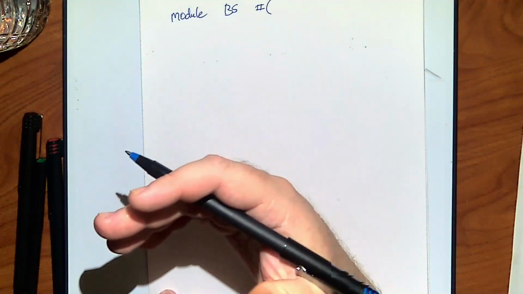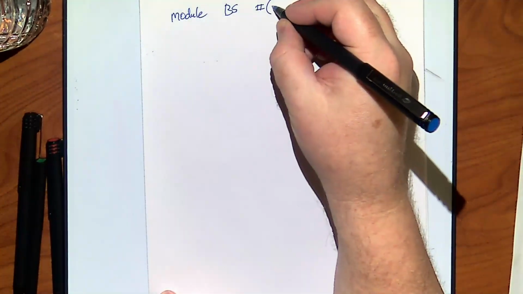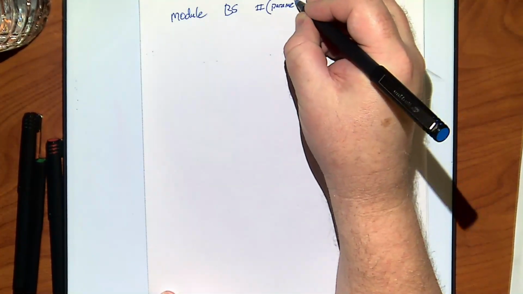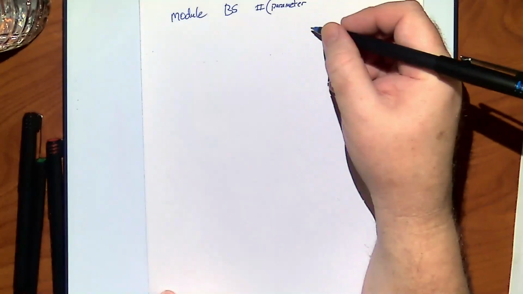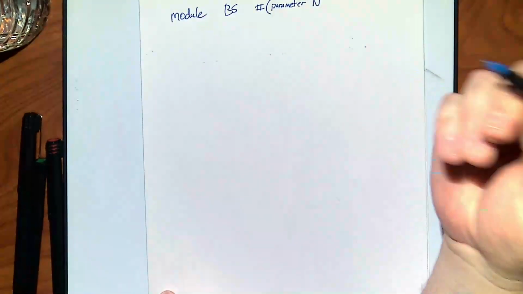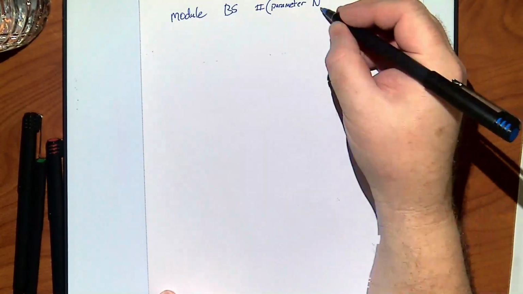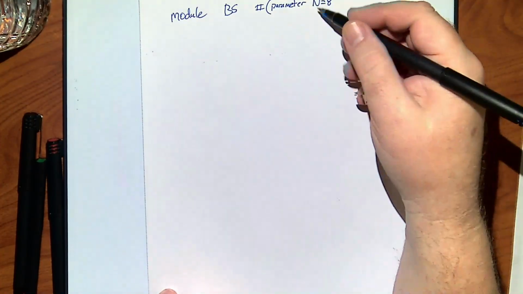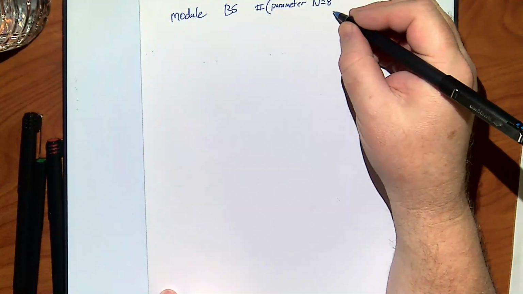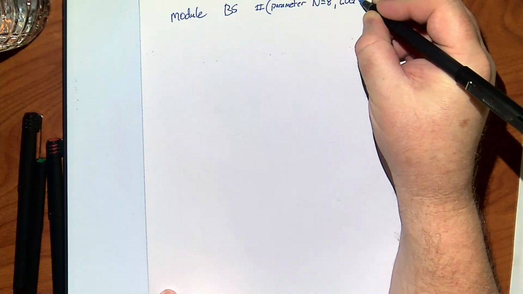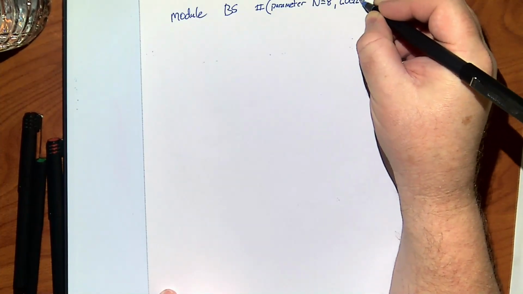Now, there are a lot of different things you can actually pass besides parameters, but at this point we're only ever going to care about parameters. So, parameter, and then for instance, N is going to be my size, and I set a default. Let's say I just say 8, I'm just lazy and want to type one. And then I'm going to make another one that's log2N.